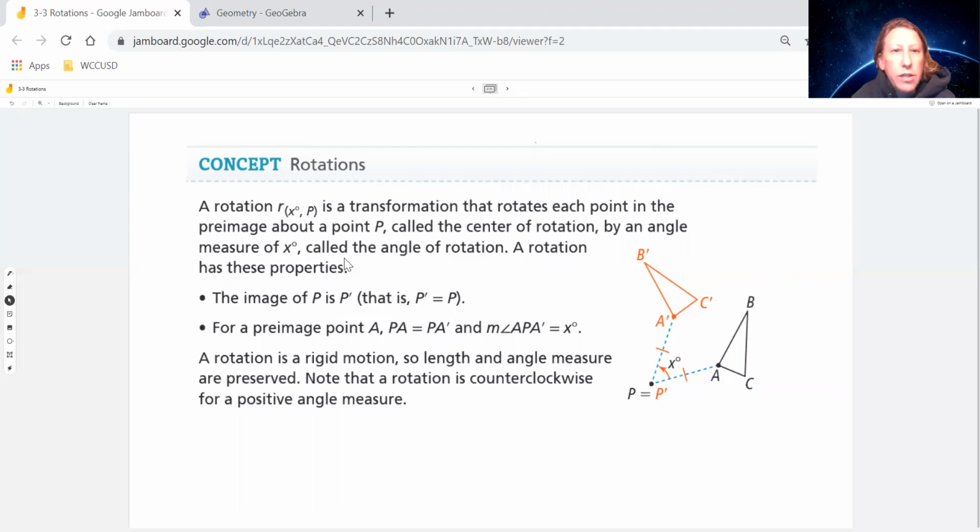So the notation has a little r for rotation, the degree of rotation, and the point around which you are going to rotate the object. P is the center of rotation. The angle has to be given.